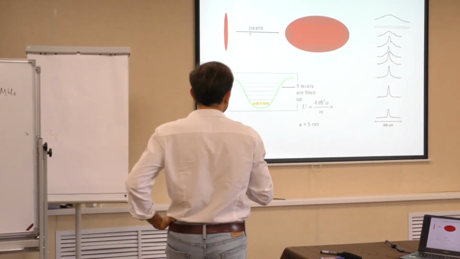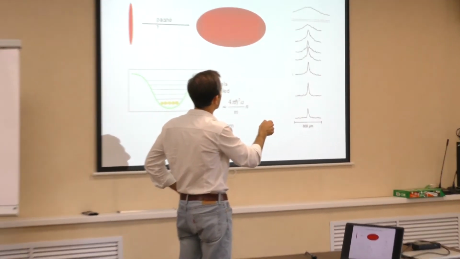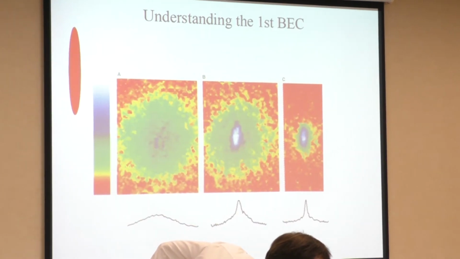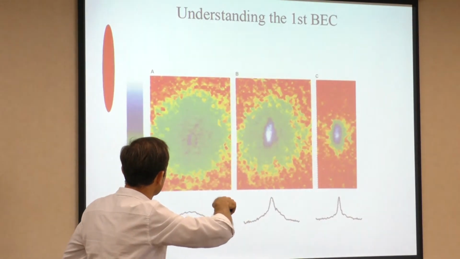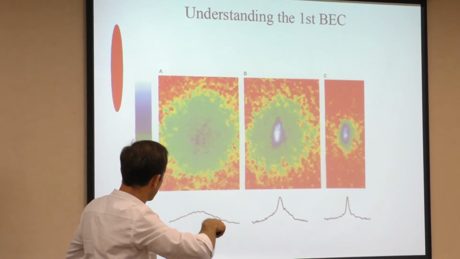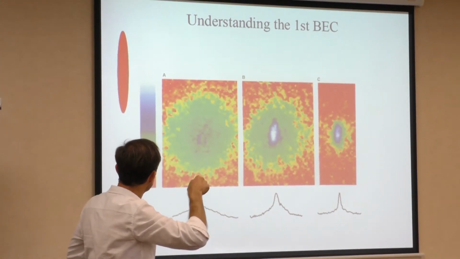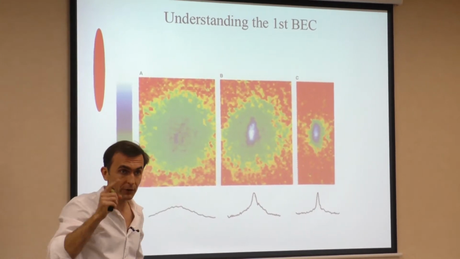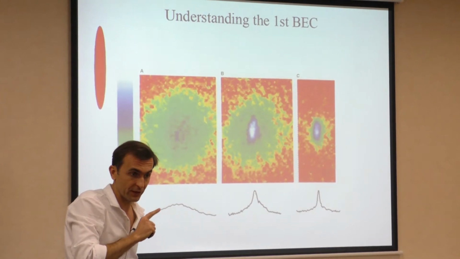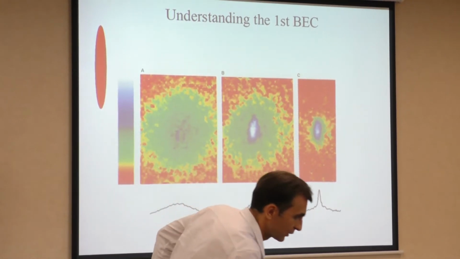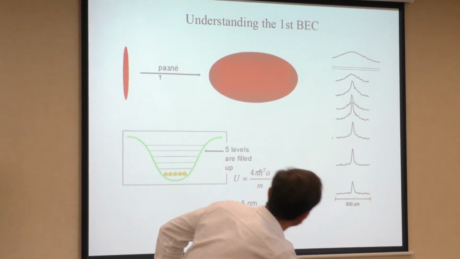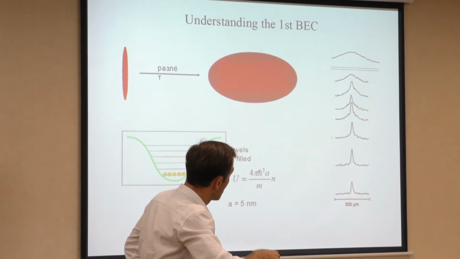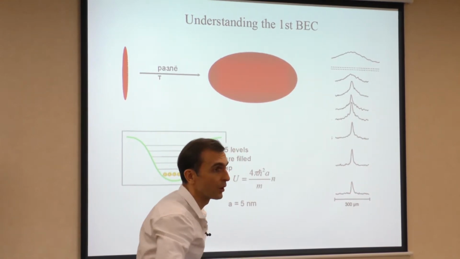Well, I hope you understand where those one-dimensional graphs come from. They come from those photographs, and these 3 curves are a result of integration along this direction. Yes, you are very right. You looked very carefully at the data of Wieman and colleagues. And indeed, here this is a pretty large peak, and this peak for the most condensed gas is pretty small.